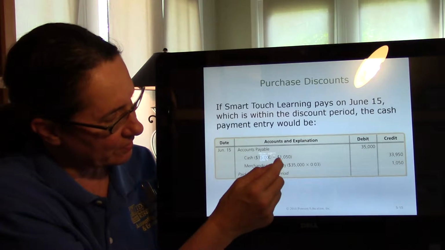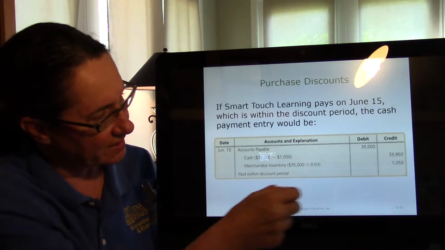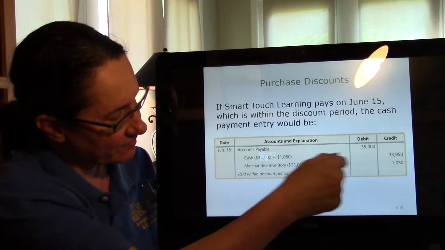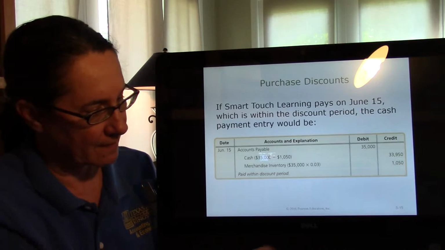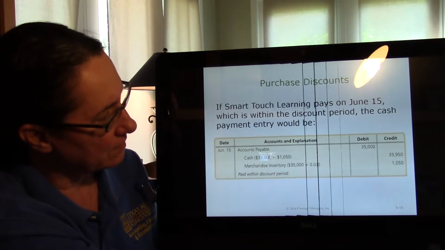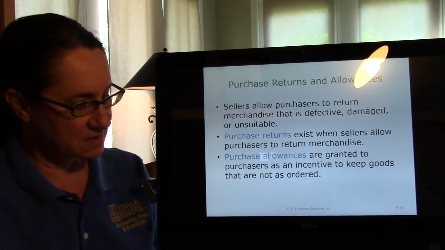So accounts payable, cash, and merchandise inventory equal our one debit for $35,000 and our two credits that total $35,000. All right.